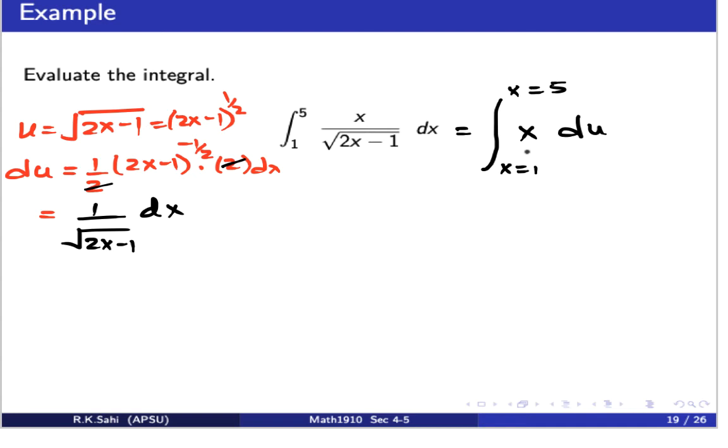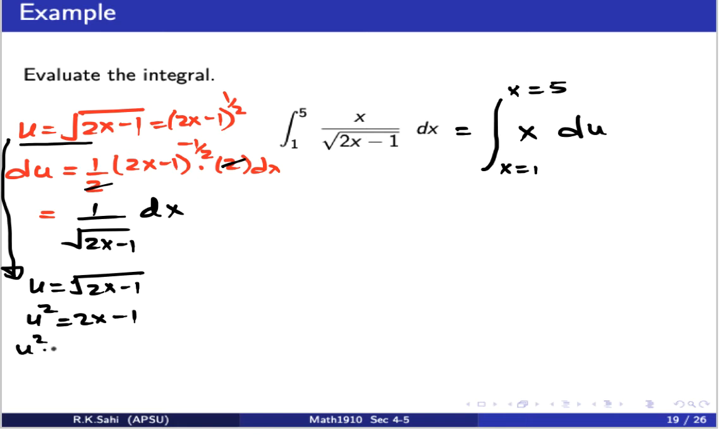So in order to make the change for x here, I go back to my u substitution, which was given here. From here, I'm going to do some algebra and manipulation. So here u is the square root of 2x minus 1, or u squared equals 2x minus 1, or u squared plus 1 equals 2x, or (u squared plus 1) over 2 equals x.